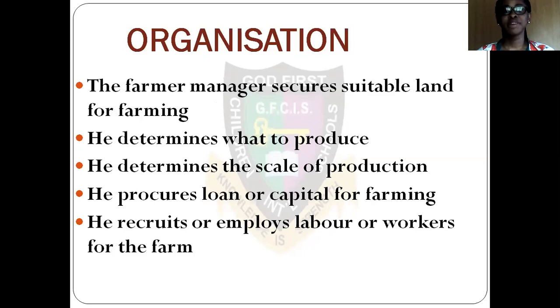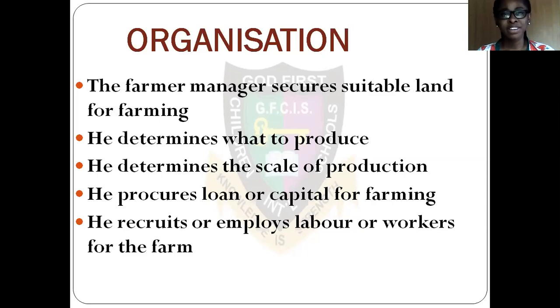Organization. The farm manager secures suitable land for farming. Two, the farm manager determines what to produce, knowing the kind of seed and the kind of farm produce that can be sold in the market.